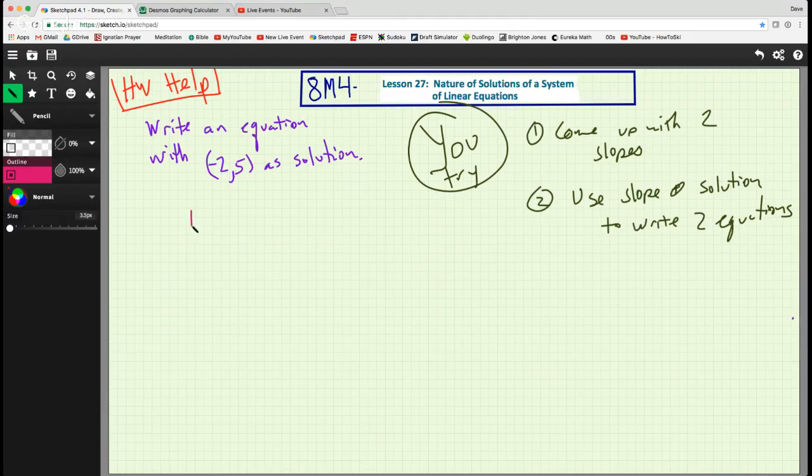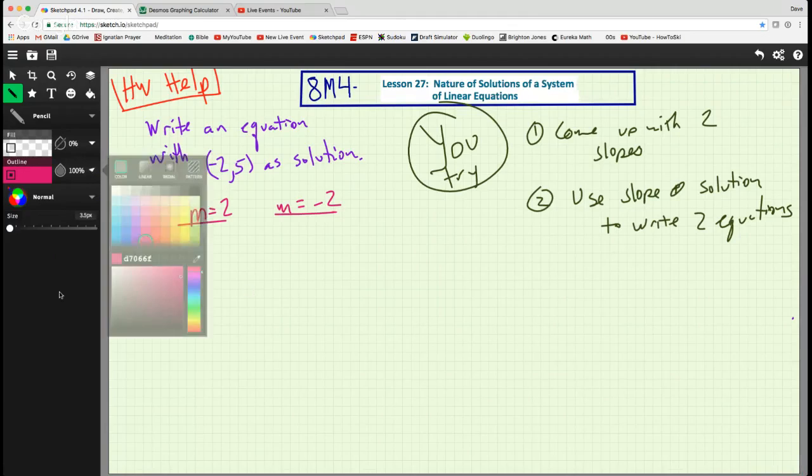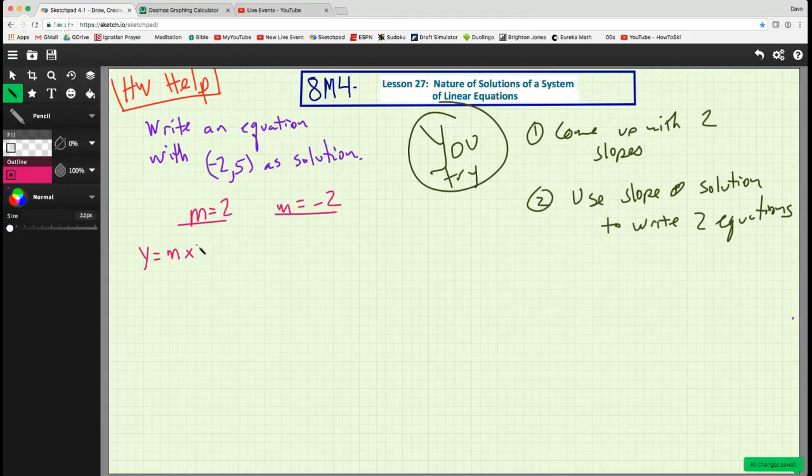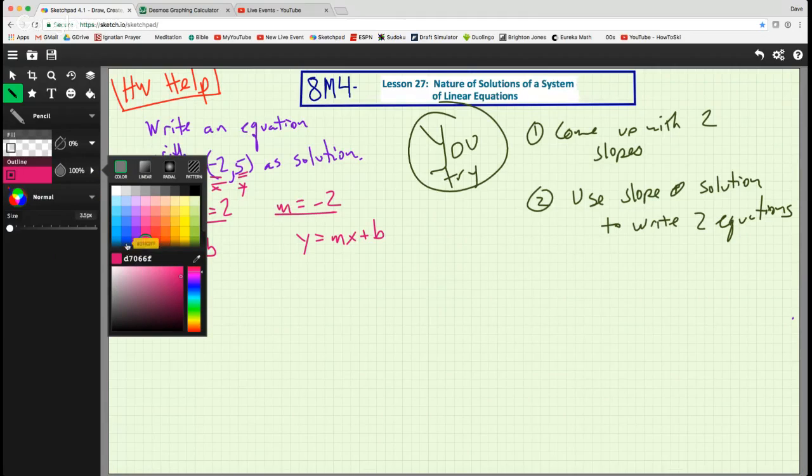I'm going to say let's use a slope of 2 and a slope of negative 2. So in one case, we're going to say, well, y equals mx plus b and y equals mx plus b. And we know what our x is and our y is, and we know what our slopes are. Okay.